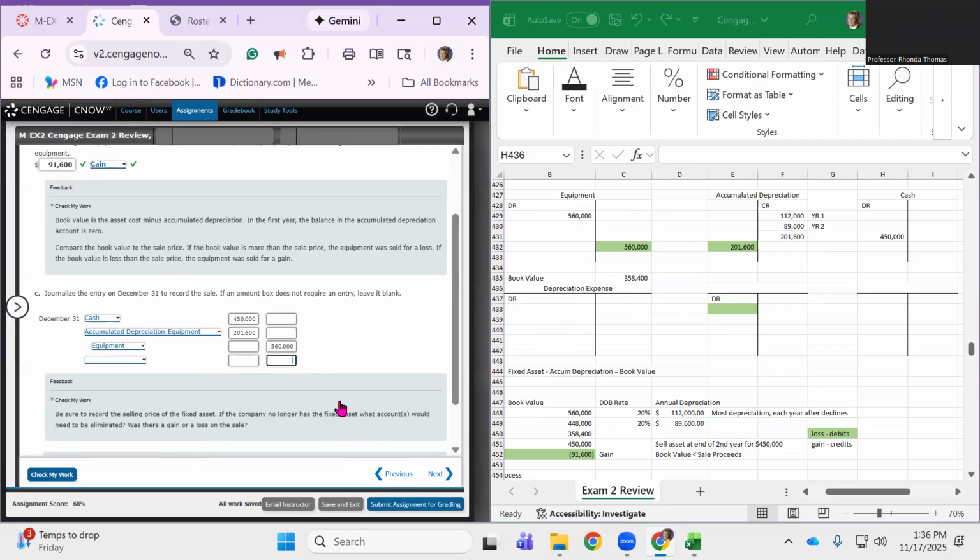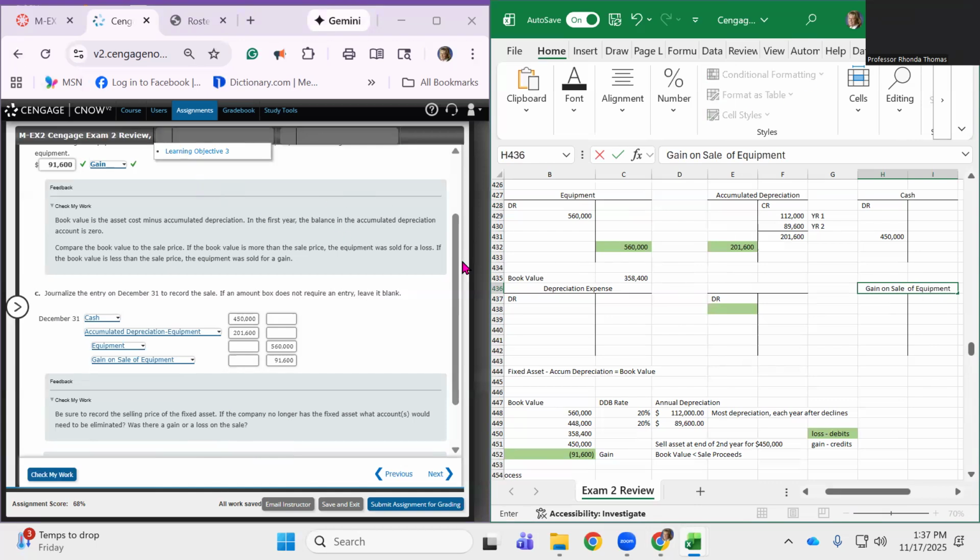And then we need another credit, which is 91,600. That is a gain on sale of equipment. I'm going to put that one here. That's actually an account. Gains are credits and losses are debits.